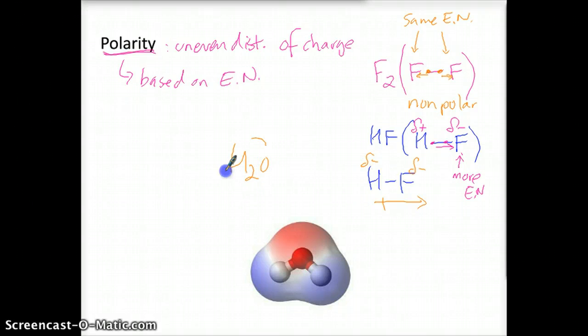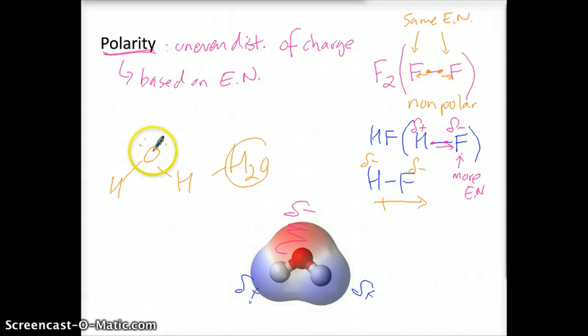Down here, this is H2O. The Lewis structure for H2O looks like this. What does the red region represent? Well, this reddish region represents slight negative charge, and the blue region represents slight positive charge. How do I know that's true? Well, oxygen is way more electronegative than hydrogen, so it's going to pull electrons towards it from hydrogen.